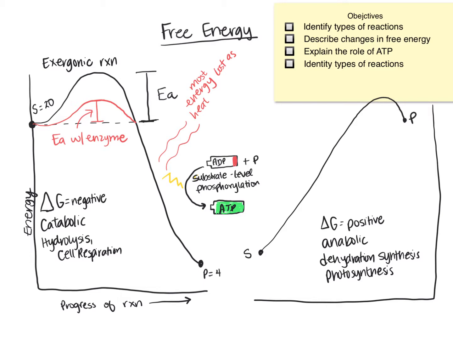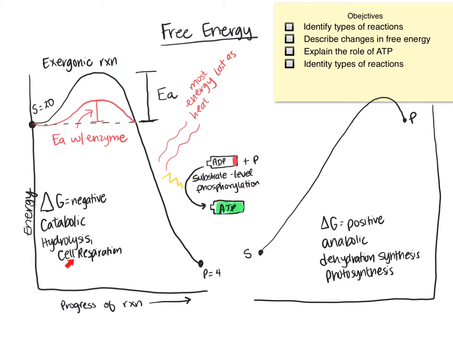Okay, so what that means is the process of adding this phosphate group onto ADP. This arrow is trying to show you that this is an endergonic reaction, and that the energy, which is this little squiggle right here, for adding that phosphate group to ADP is going to come from an exergonic reaction.